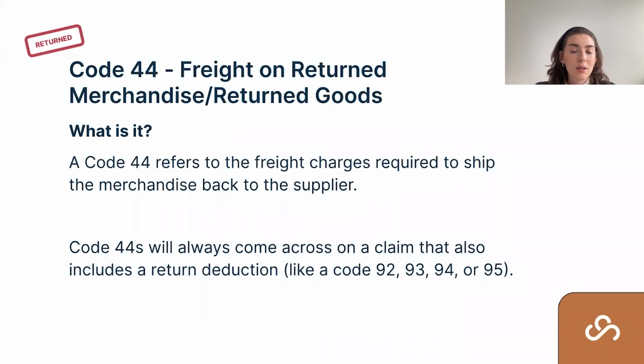A really helpful tip with code 44: if you're seeing one of these in APDP, make sure that you're finding what I like to call the meat and potatoes return code. That's going to be the main course. That's really what this code 44 is attached to. And when we get to the disputing section, it's a lot easier to dispute a code 44 when you can dispute it together with the bread and butter return code. It just makes sense to pair those together. So that's just one callout there.